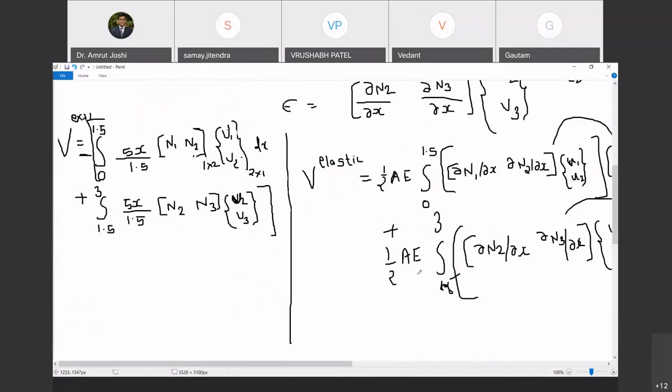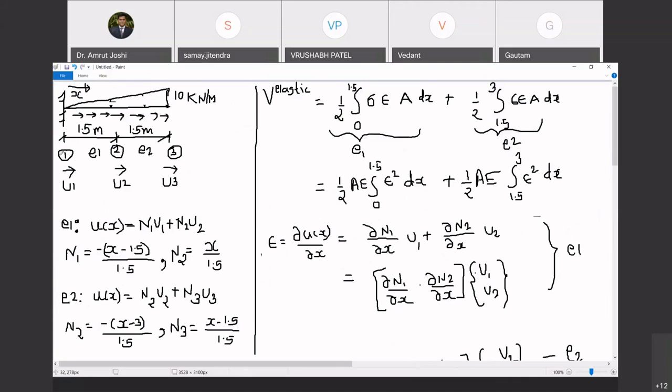We will solve this problem a little later, but first let us understand what we have done. First of all, the total beam I discretized into two elements. I consider only U1, U2, U3, that is nodal displacements, as unknowns. Then we expressed displacement anywhere within the element by using shape functions N1, N2 and N3.